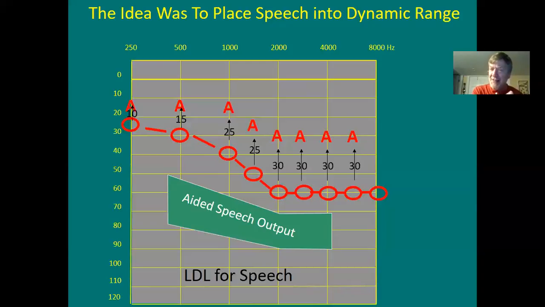Do you see? Verification is a big important word in our field. Verification, verily, verily I say unto thee. What's the truth? Am I getting what my fitting method said I'd be getting? Or, bring it closer to home, am I getting what the manufacturer fitting software said I would get?